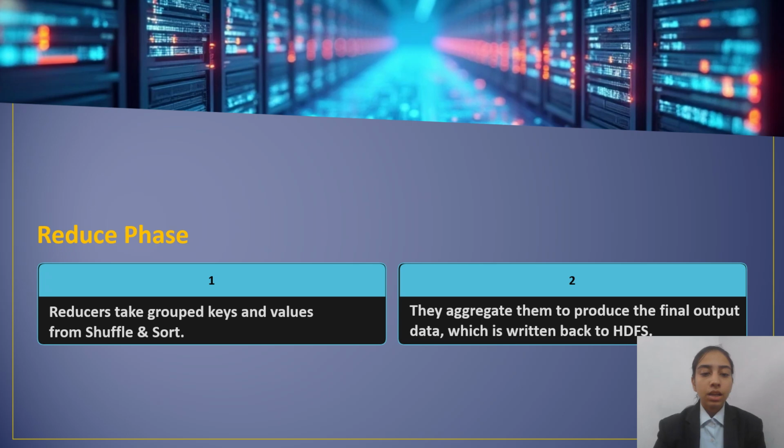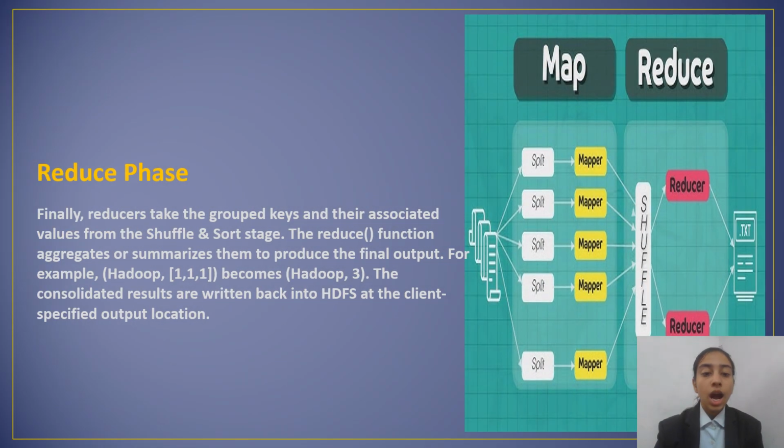Reduce phase, the grouped data is combined or summarized. For example, Hadoop 1, 1, 1 becomes Hadoop 3. Finally, the result is written back to HDFS, Hadoop Distributed File System.